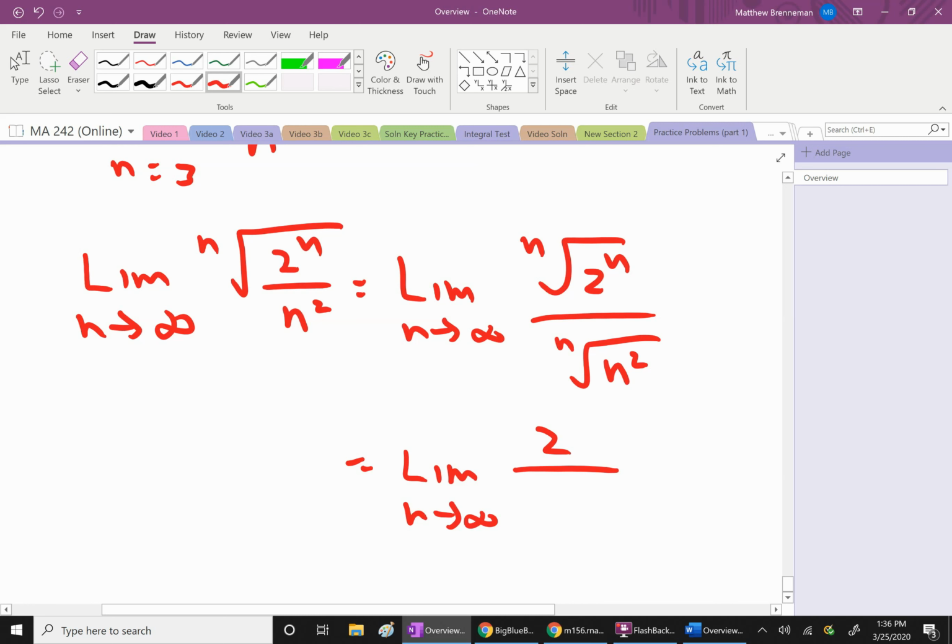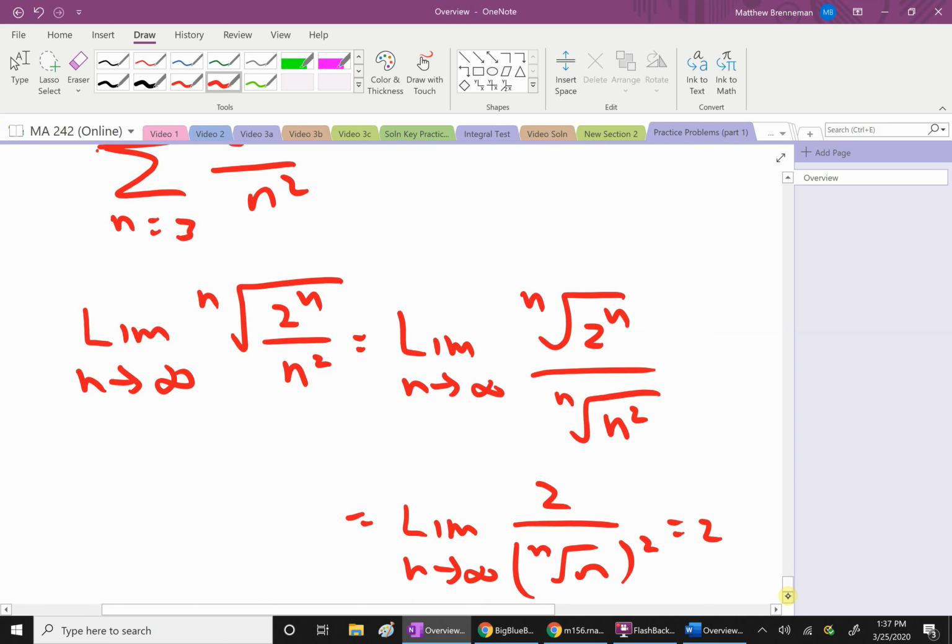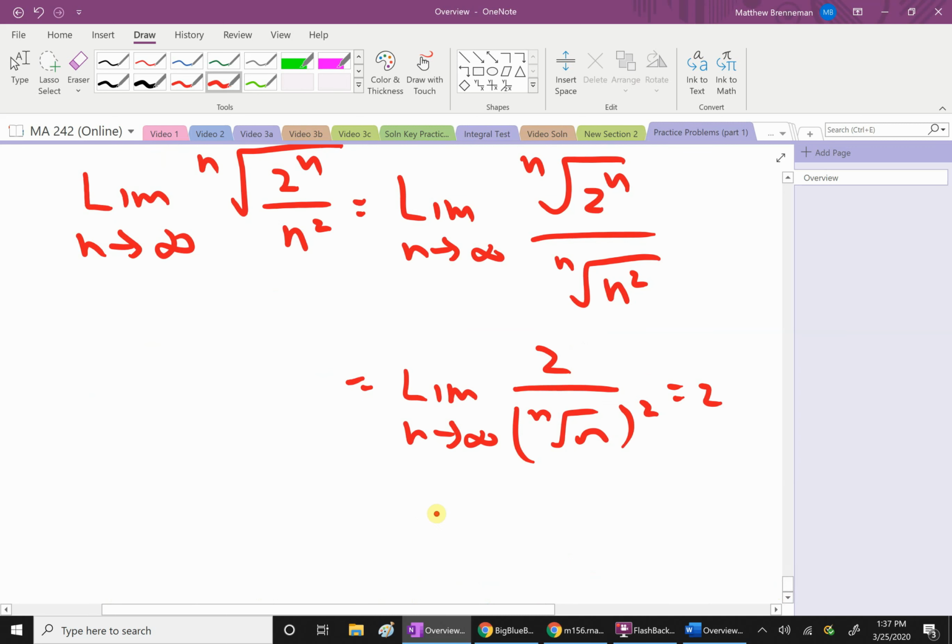And I know that the limit of the nth root of n squared is also going to be 2. So this number is greater than 1, therefore it diverges, which is exactly what we found out before.